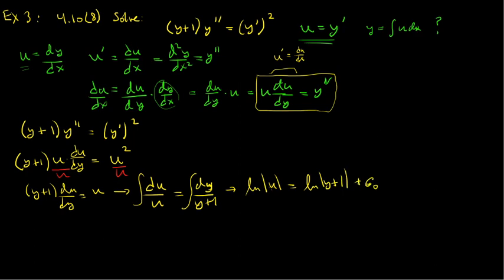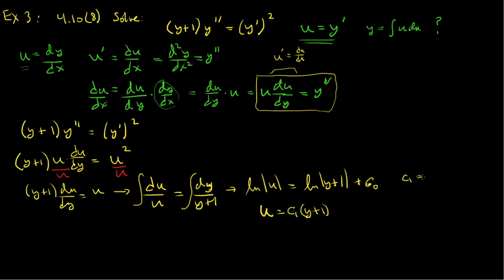Then to solve for u, you just exponentiate both sides. Again, we can drop the absolute value. You get u is equal to e to the natural log of y plus 1, which is just y plus 1, and then e to the c0, which is just some other constant.